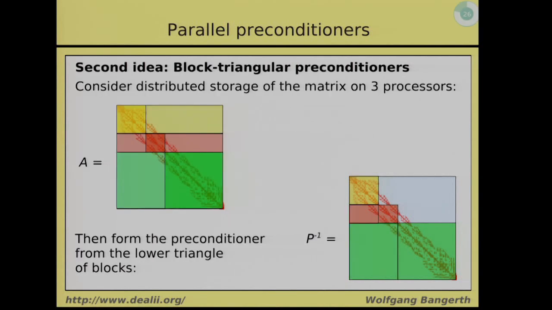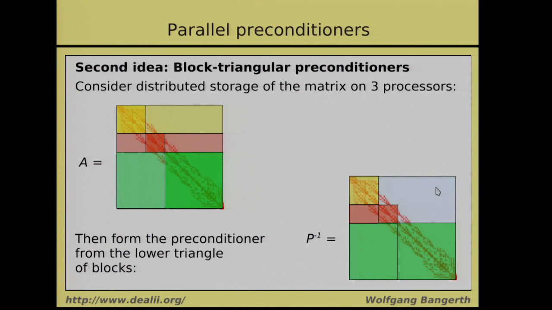You can do this in a slightly smarter way. So you remember that every processor owns the entire row of this matrix. And so what you could do is, let's say you compute the inverses of these diagonal blocks, and then we're going to do the following. Whenever you apply a preconditioner, processor 1 is going to take the elements of the vector that it owns and multiply them with the inverse or an approximation of this block here.